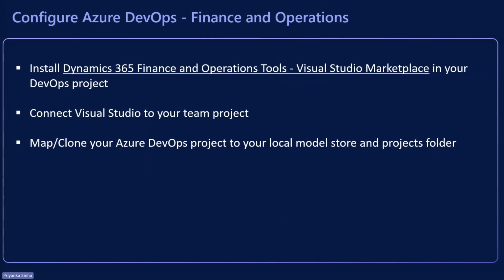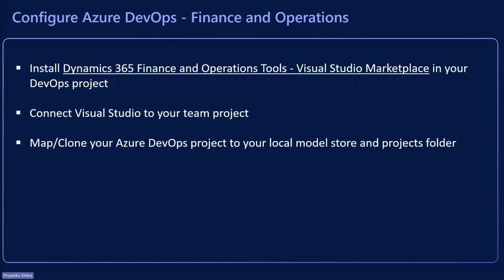Here, these are some specific steps for finance and operations you have to configure. So you will have to install Dynamics 365 Finance and Operations tools from the Visual Studio Marketplace. And it has to be done in your DevOps project. This extension provides Azure DevOps build and release tasks.